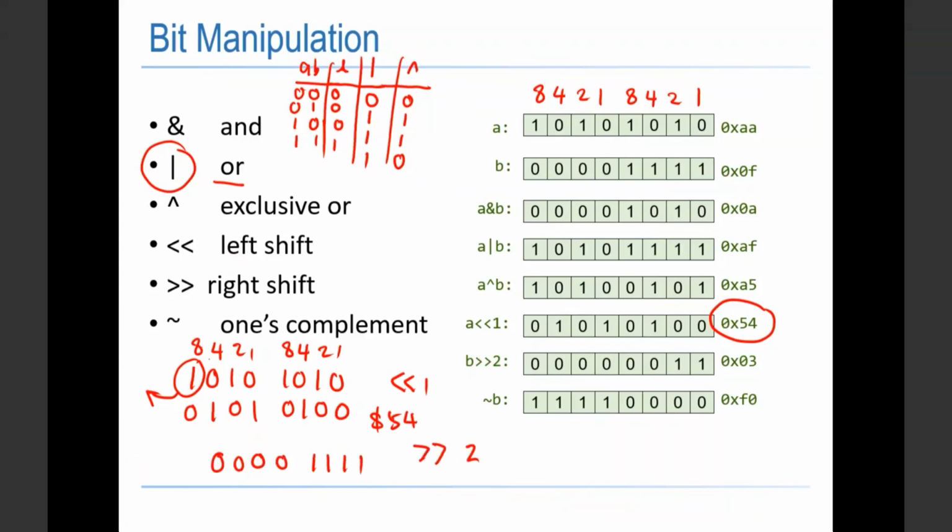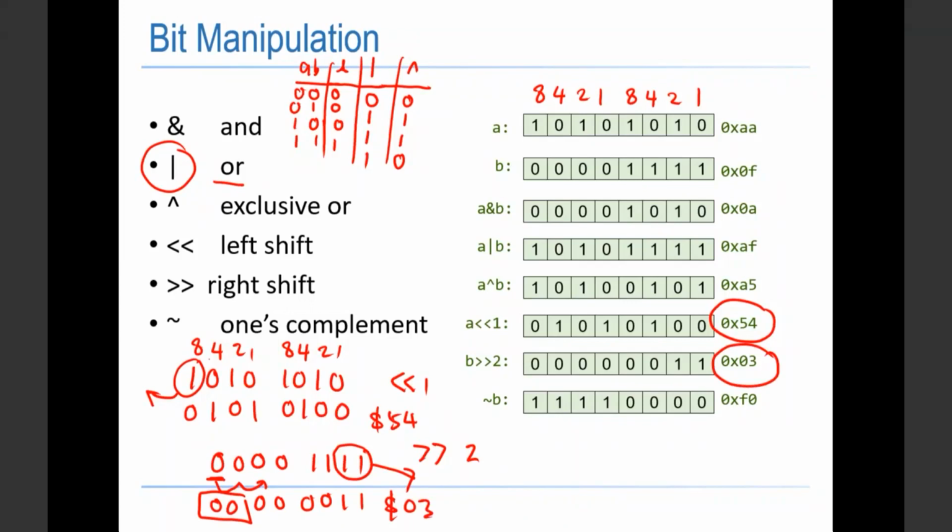We start from here, so 1, 2. You get 00, and all the others shift to the right 2 times: 0011. What about here? You fill up with 0, and this one here will go outside of your bits, so you will get 0. So this is 03. You get 03.